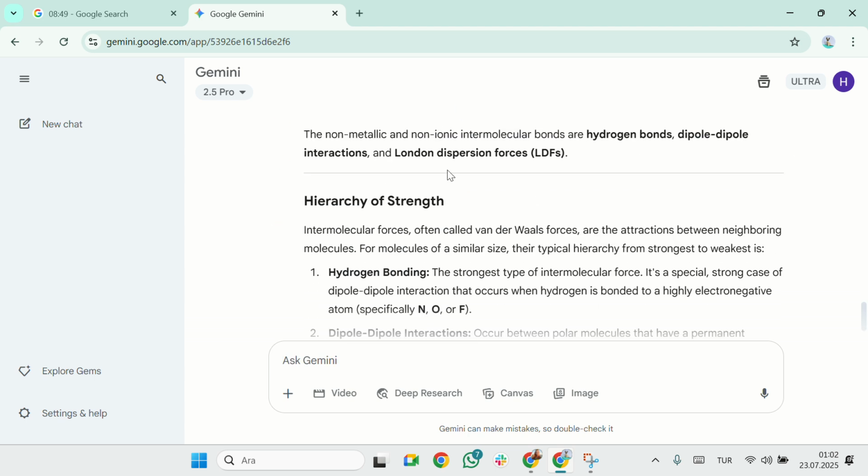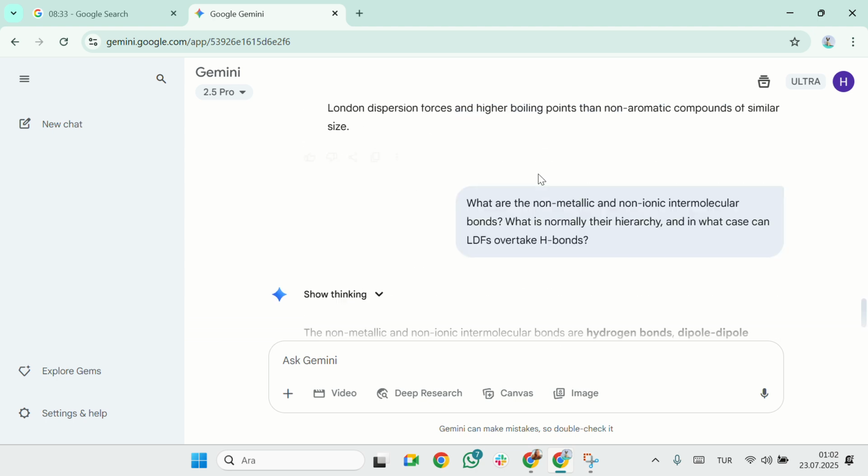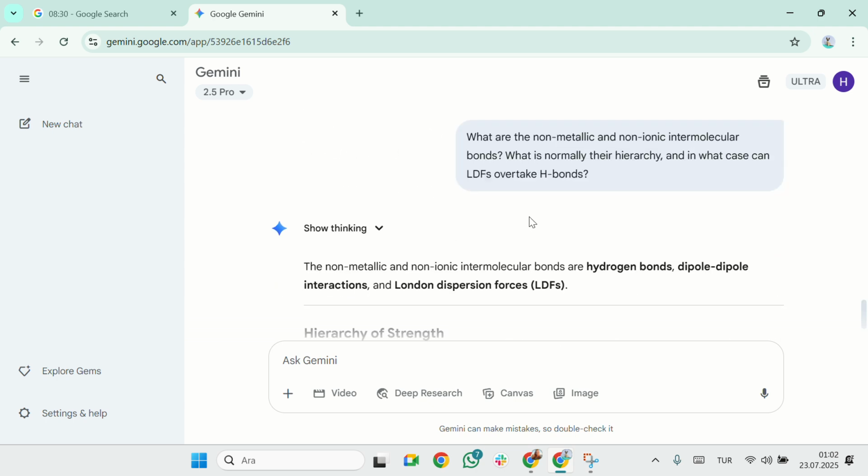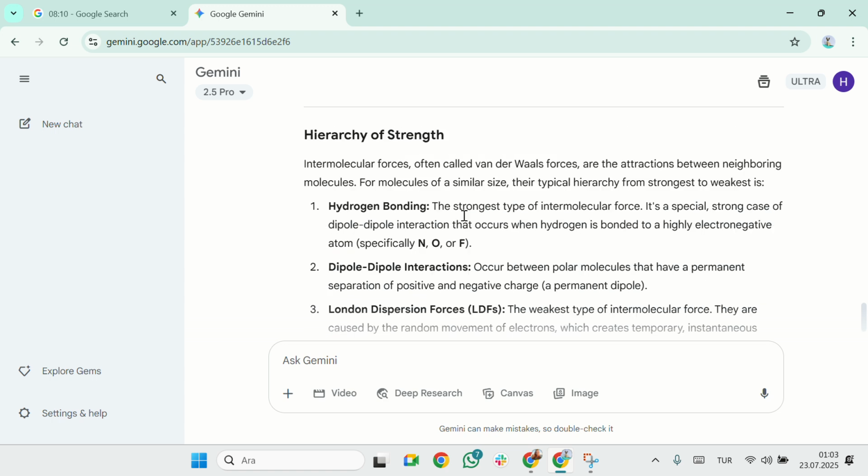The non-metallic and non-ionic intermolecular forces are hydrogen bonds, dipole-dipole interactions, and London dispersion forces. What is meant by hierarchy here?